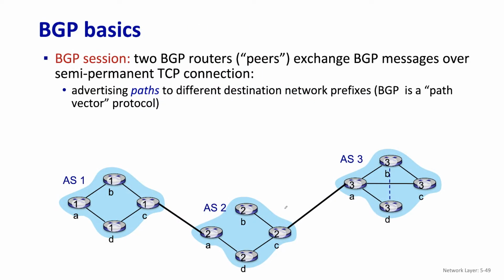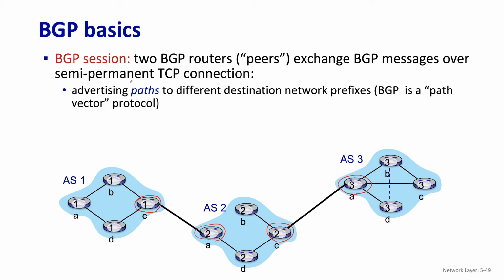As you can see here, for autonomous systems 3, 2, and 1, we have this one as a gateway for autonomous system 1, and for autonomous system 2 we have two gateways, one here which is A and the other which is C, and this one is going to have only one gateway.